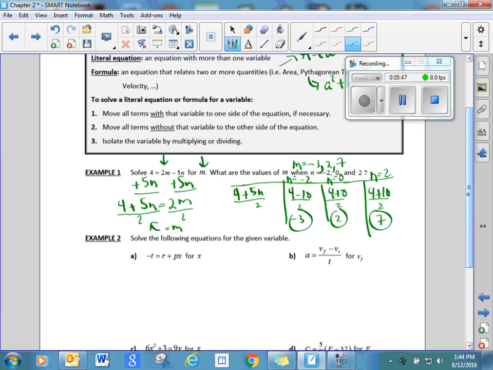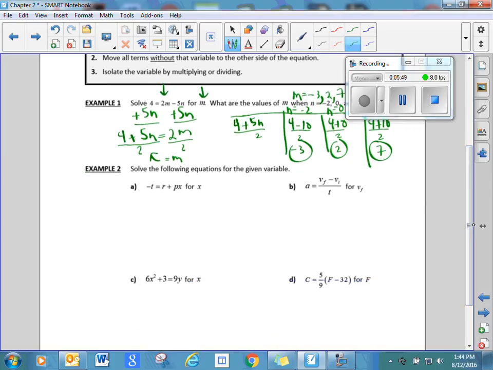All right, I'm going to do one more of these really quickly, and then we'll end this video. On this very first one, they're asking you to solve for x. So this is the guy we want to get all by himself. First thing we're going to do is subtract r from both sides. That'll get rid of that piece of it. Again, this side gets a little uglier. Now we have minus t minus r equaling px.